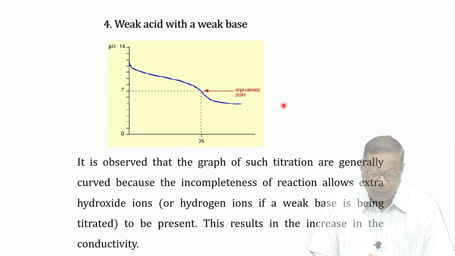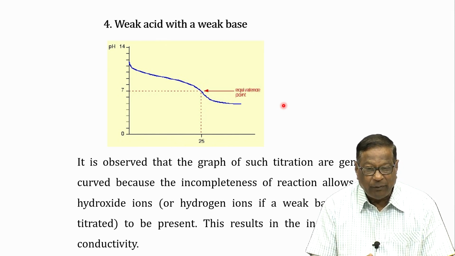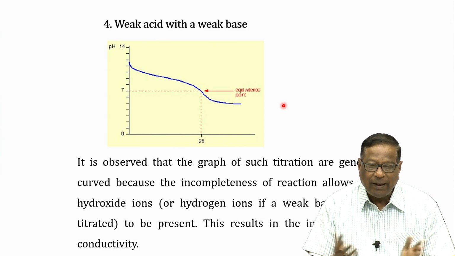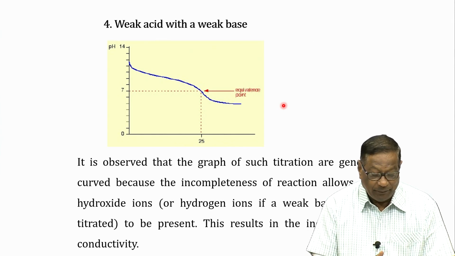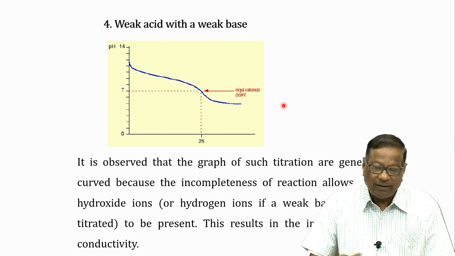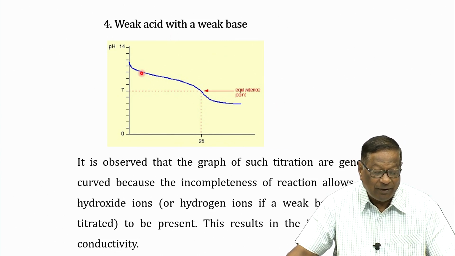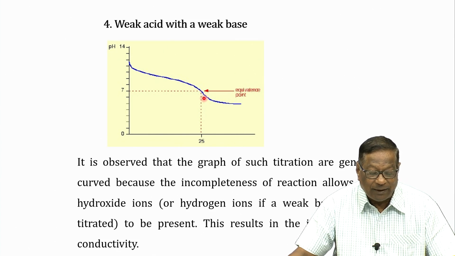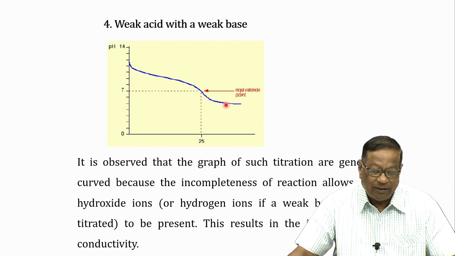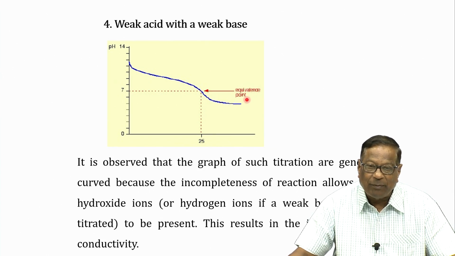If I want to do weak base titration, then I need extra acid. This results in the increase in the conductivity. Here for weak acid with a weak base, the curve will come like this, and after the end point, the excess reagent is again a weak base or weak acid, so it will keep on coming down.